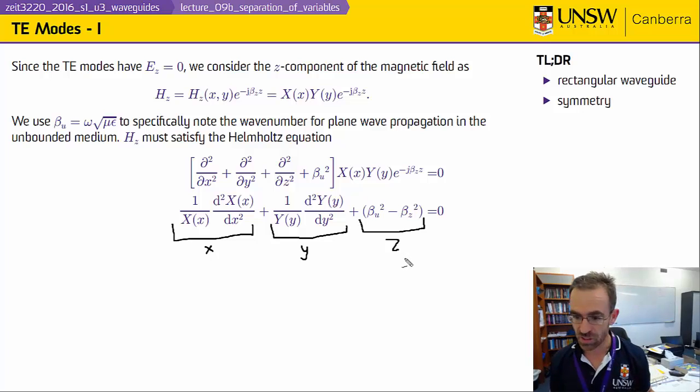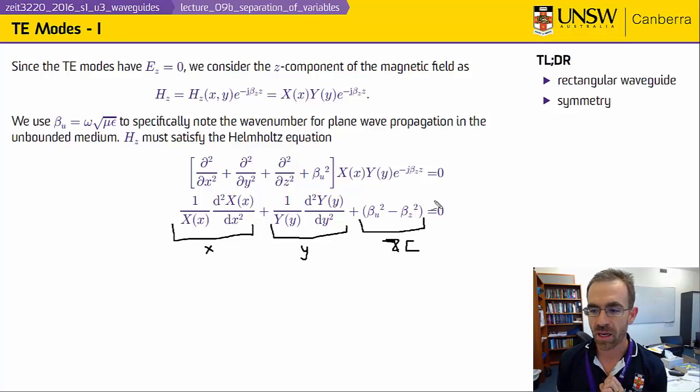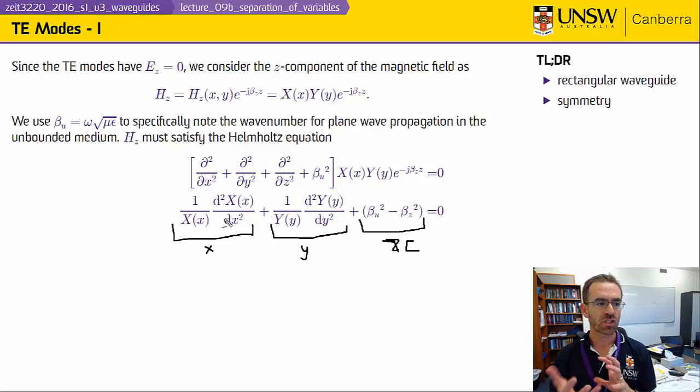This shouldn't say z, this should be a constant. If these three terms are going to add up to be 0, the only way that can happen is if this first term is a constant and this second term is a constant. So what we've done is we've managed to separate our variables so that all of our x action is here, all of our y action is here, and this has neither x nor y action.